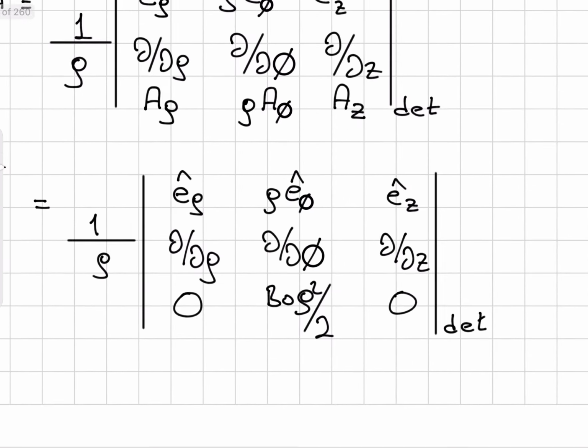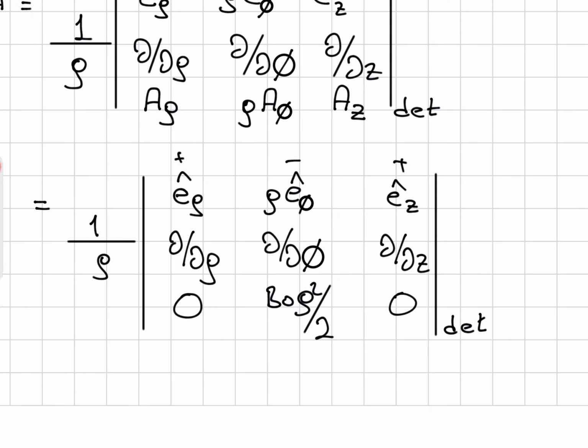Now let's take a look at the determinant with respect to the first row here. For the e rho hat part, I would get del phi of 0, which is 0, and then the z derivative of B0 rho squared over 2, that would also give me 0. So I would get no contribution from the rho component. So I have 1 over rho. The first term is 0. The second term, I cross out the first row and second column. Del rho of 0 is 0. Del z of 0 is 0. So I would get another 0. And as for the last term, ez hat, I have the rho derivative of B0 rho squared over 2.